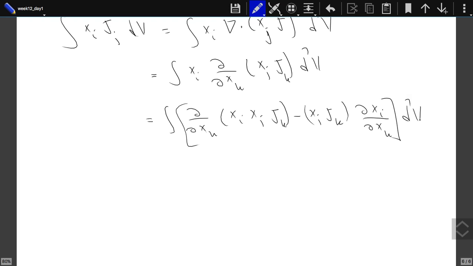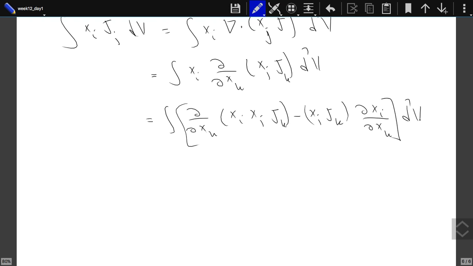Well, you see, if you just take this derivative, just consider this term as the product of x_i and this one. If you take the derivative, it's just the first one multiplied by the derivative of the second factor. It is the term I want. There is the additional term, the derivative of the first one multiplied by the second factor, which doesn't appear on the left-hand side, so I subtract it.